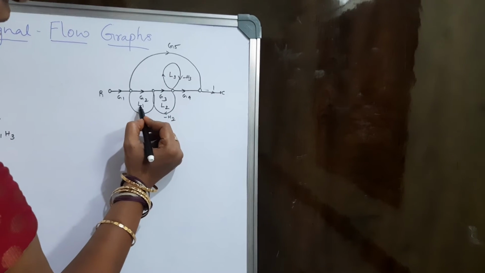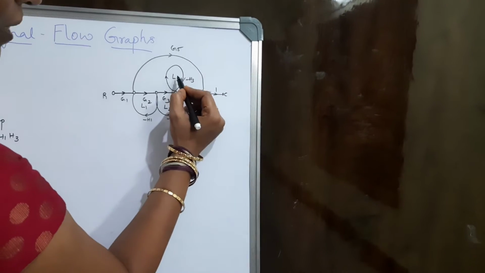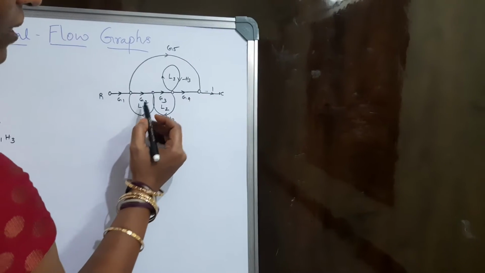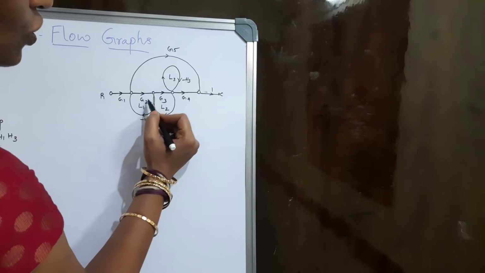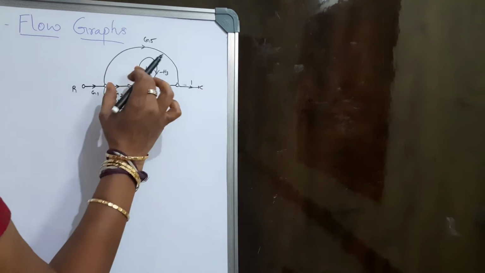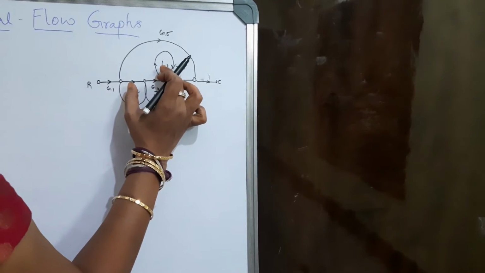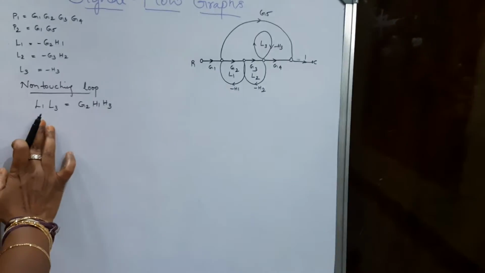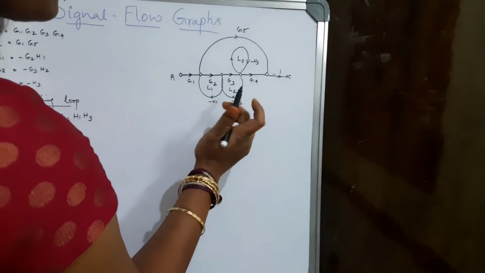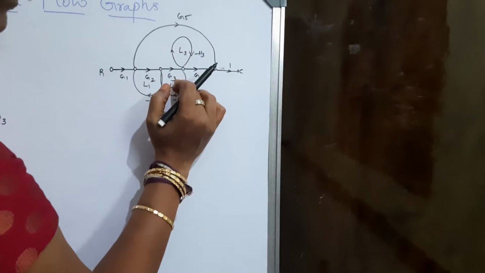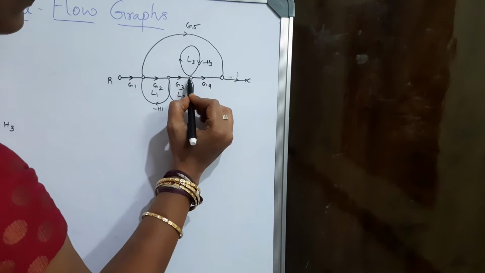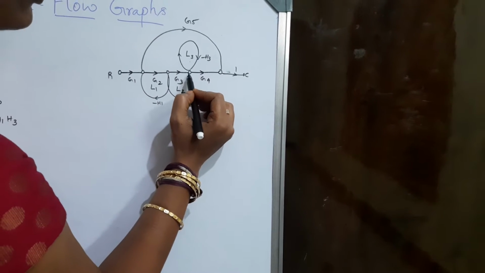There are three loops, L1, L2, L3. Consider L1, L3. Obviously these two do not share a common node. They are not touching each other, so I can consider this a non-touching loop. Now I can take L3 and L2. Here, if you see, these two are sharing the same node.